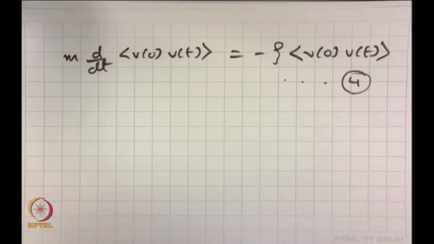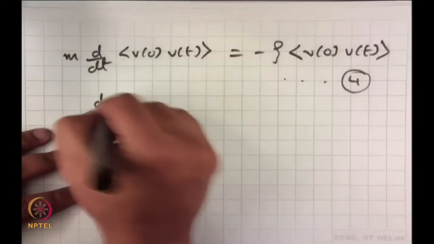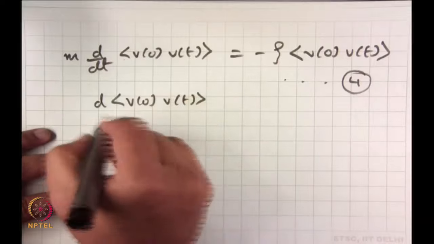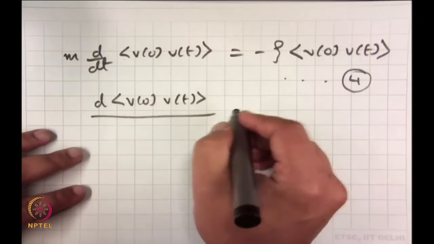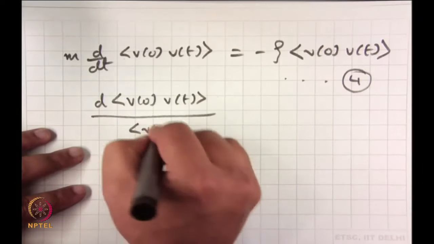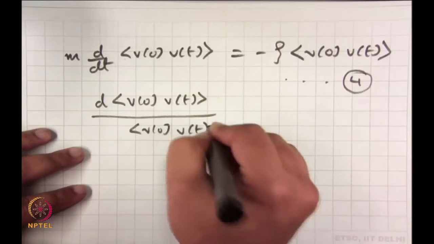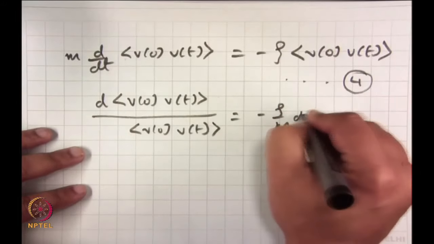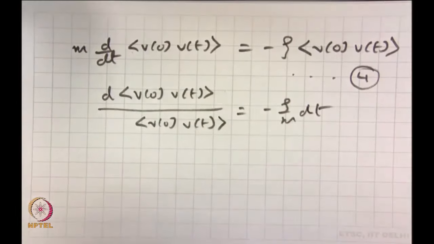So, can we solve this equation now or not? We can easily, right. So, what we can do is we have d of V0 V(t), this one comes down now, V0 V(t) is equal to minus xi by m dt.